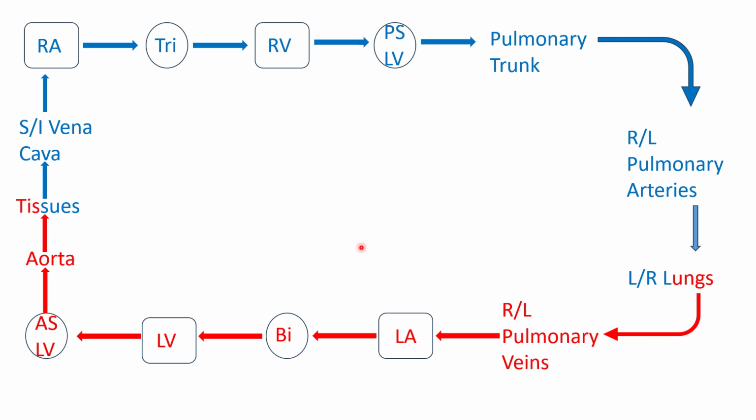We will possibly add a little onto this from endocrine. What do I mean by that? Well, as we are, let's say, in the left atrium through the bicuspid valve into the left ventricle to the aortic semilunar valve to the aorta, well, what if we're going to go and pick up some ADH?